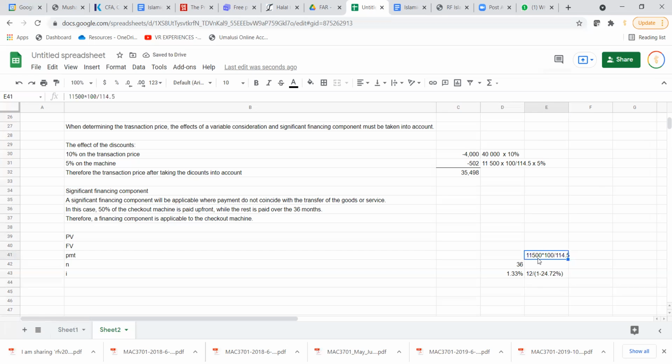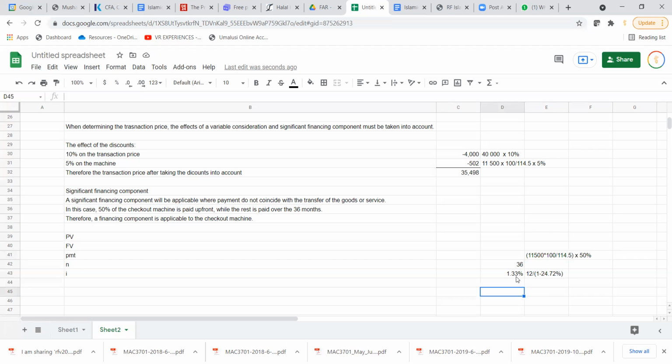Okay, so we're happy with that. But remember, only 50% of this amount will be paid over the 36 months. So I multiply by 50%, because 50% is paid up front and the other 50% is paid over the 36 months. This gives us the amount paid over 36 months, excluding VAT.